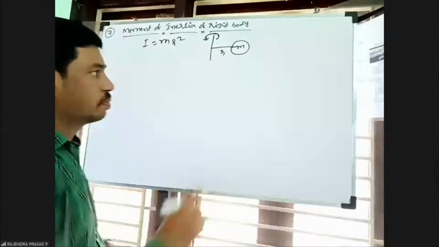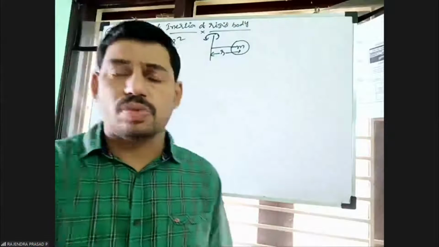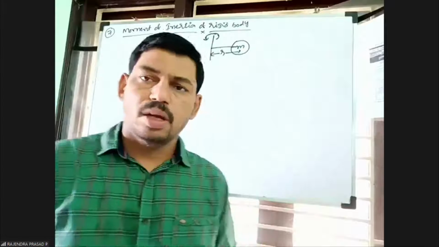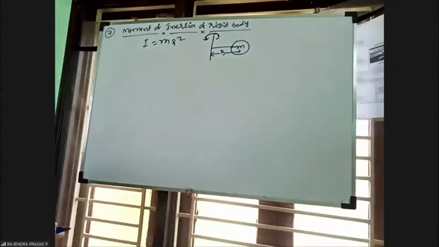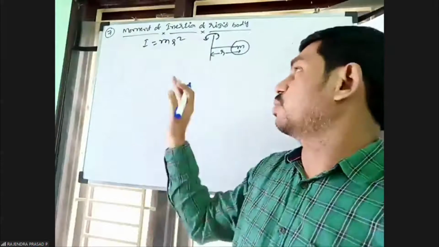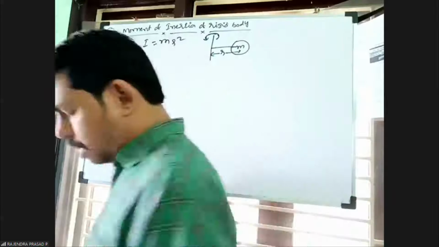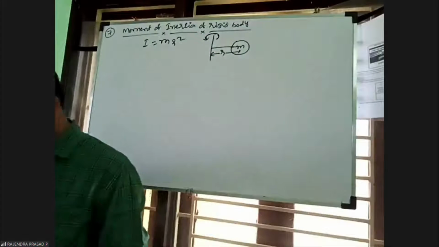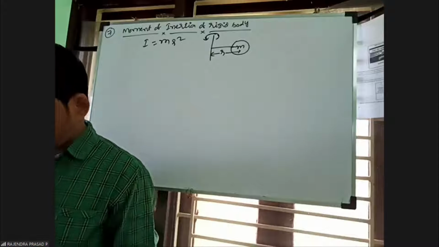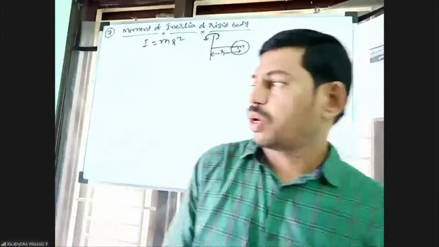This is the perpendicular distance. For a body also, sigma mr square. Sigma m means sum of the mass of particles. But only one particle is considered, so I is equal to mr square. Write down moment of inertia, only the definition, just brief.